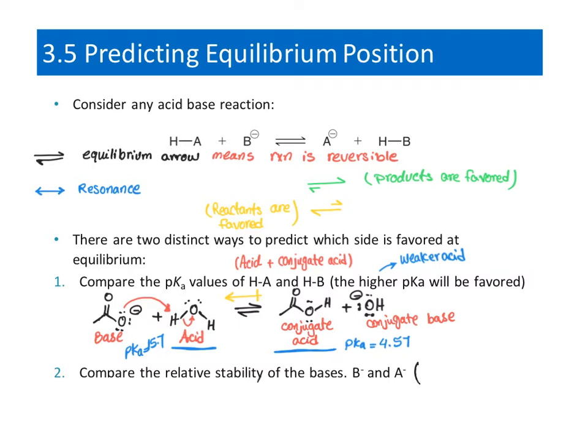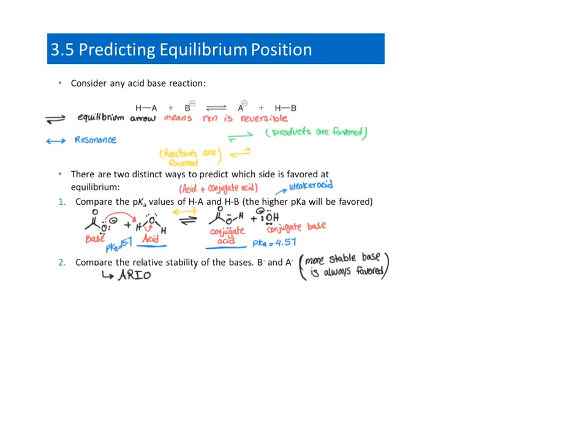So this is the place where we can use our knowledge from when we talked about ARIO. This is the place that you need to use ARIO to see which base is more stable. Now let's look at this example.